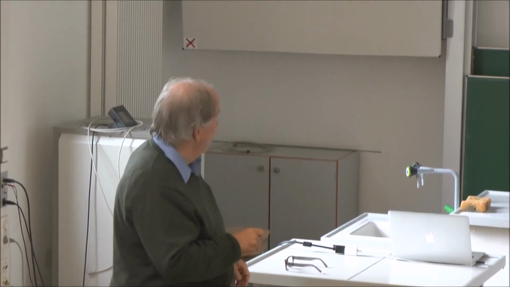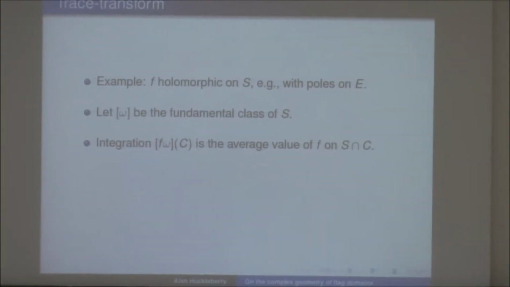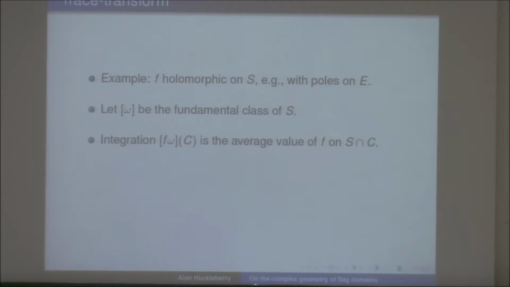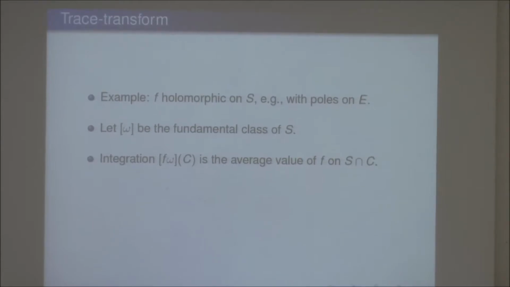Okay? However, if you integrate f times this thing, this is another form which is just as good. You're getting the average of f over the intersection points of the cycle with the Schubert variety. Now notice that this is a very simple-minded transform, you probably all know it, but it took me a while to understand it.